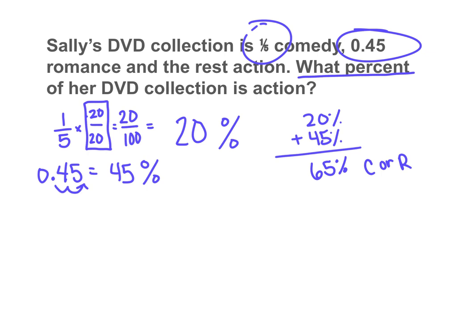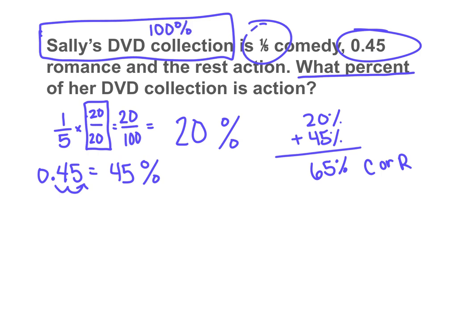So Sally's whole DVD collection represents 100% of her DVDs. So we need to use that 100% to figure out what is left. So you can set it up as a subtraction problem if you want.